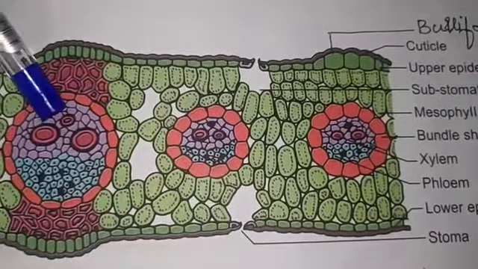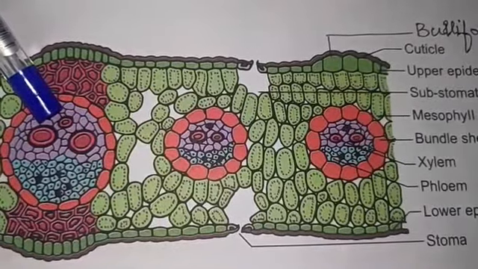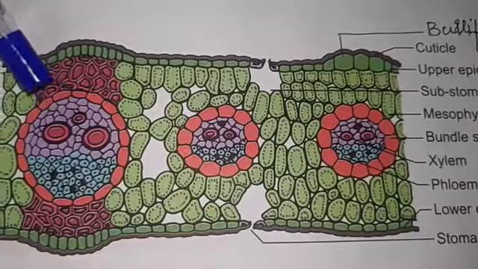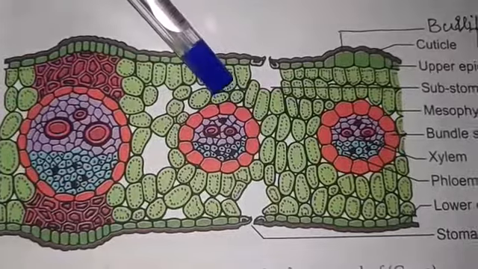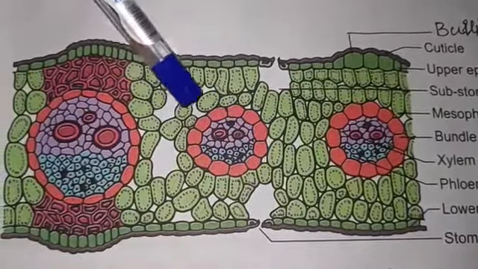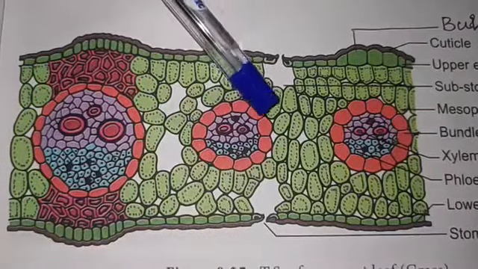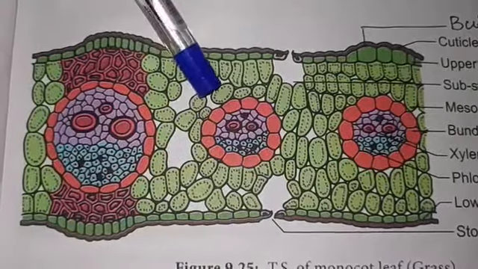The vascular bundles are conjoined, collateral and closed. Each vascular bundle is surrounded by parenchymatous cells. So they are called bundle sheath cells or bordered parenchyma.